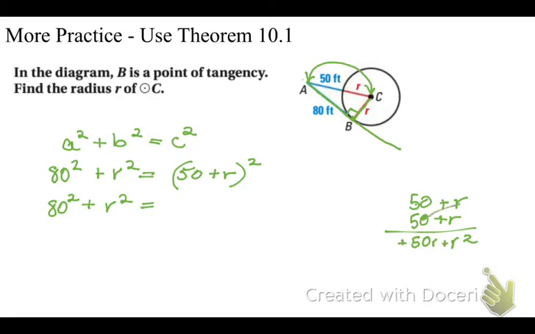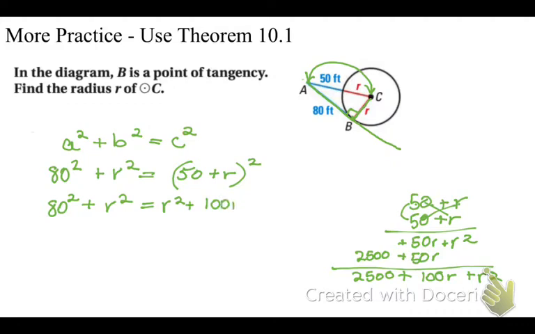Okay, 50 times R is 50R. And we have 50 times 50, which is 2,500. So 50 plus R squared is 2,500 plus 100R plus R squared. Okay, so let's rewrite that over here. R squared plus 100R plus 2,500.